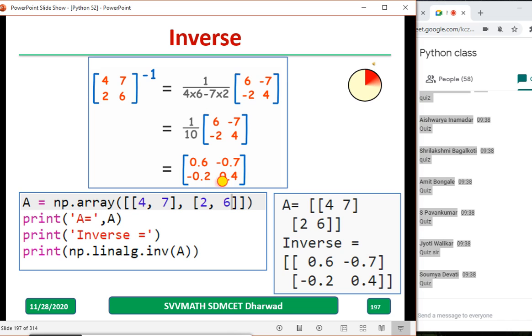I got 0.6, -0.7, -0.2, 0.4, the same answer after the execution. So the procedure, if you know, leave it. Only copy down one line: np.linalg.inv(a). In the program I'm printing a as well as the inverse of a. This is a way how you can manually do it, and using a function you can check it.